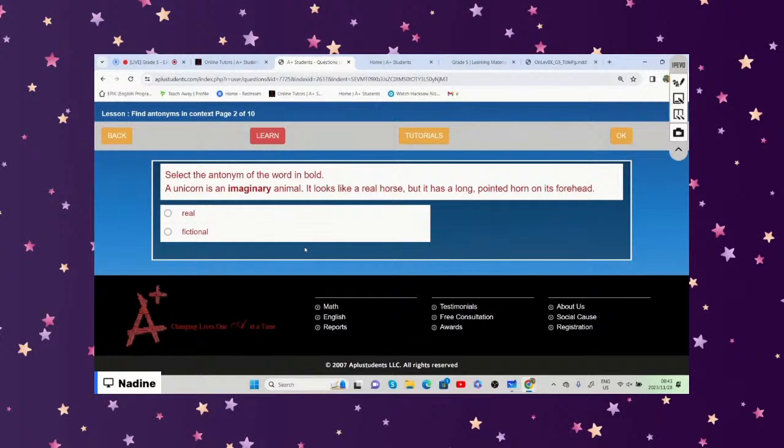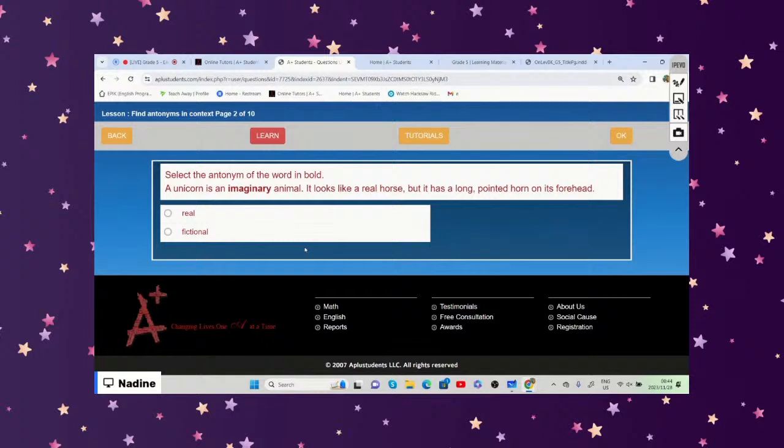Is the opposite of imaginary real, or is the opposite of imaginary fictional? Look specifically at the second sentence.